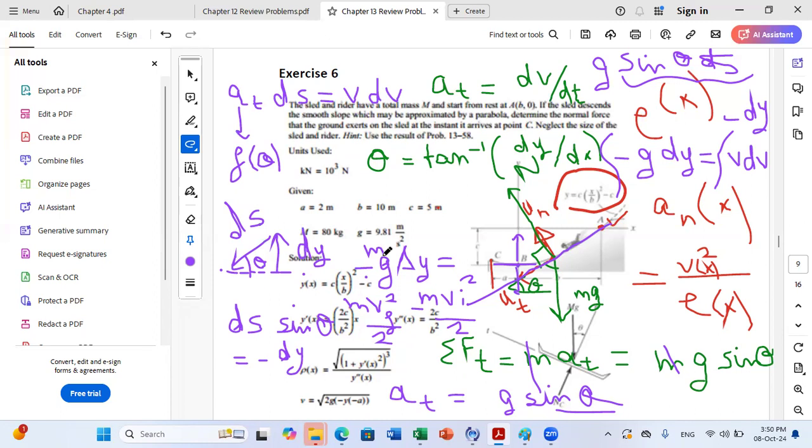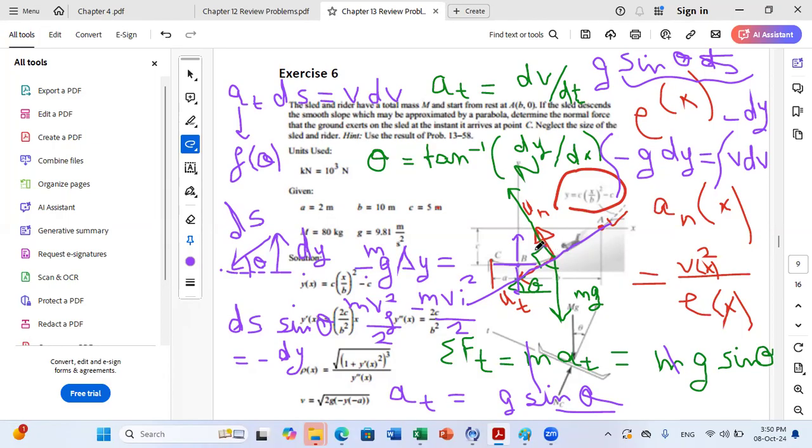Or also, this is the principle of work and energy. What is the principle of work and energy? Sum of work of all forces. Here, is N doing work in this problem? Yes? The normal?